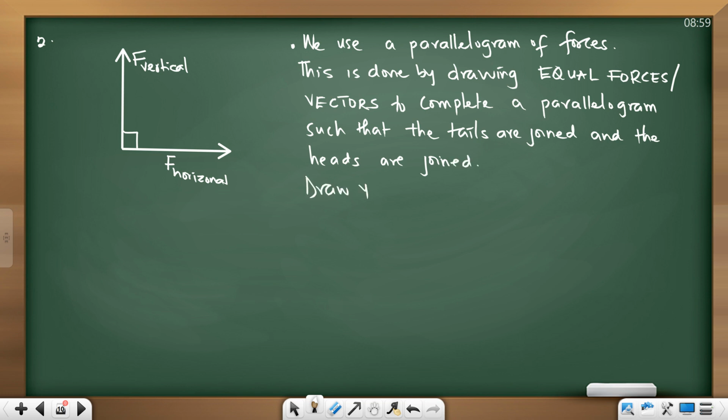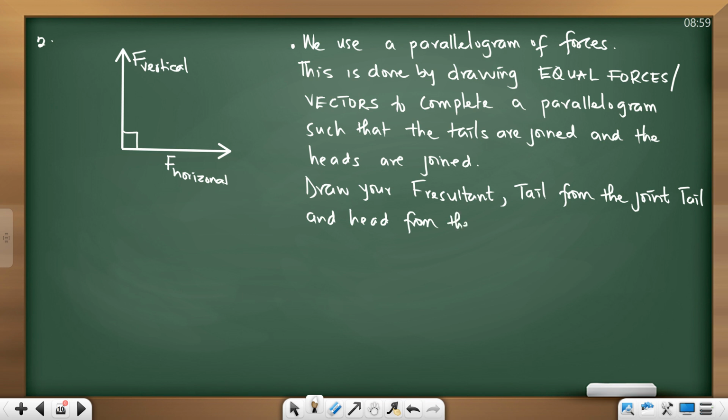Draw your F resultant tail from the joint tail and head from the joint head.